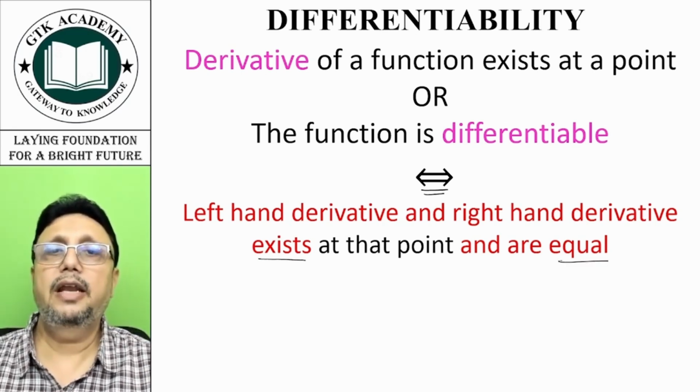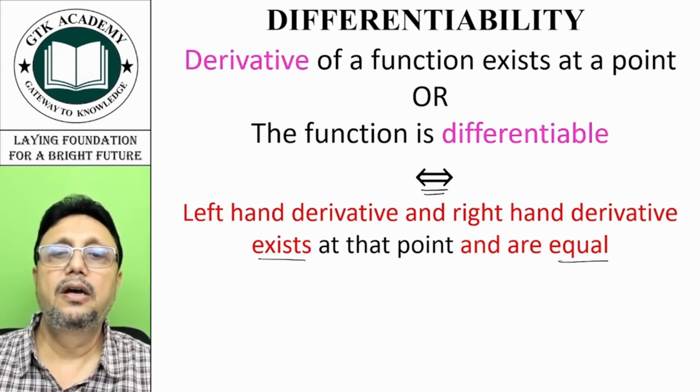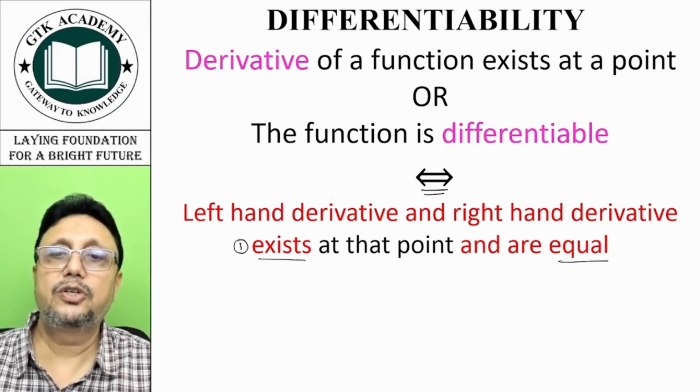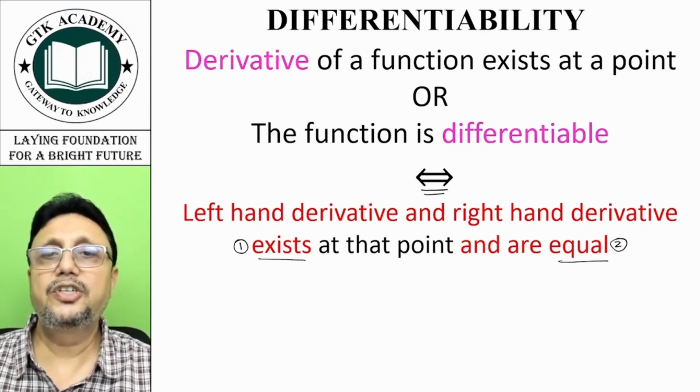That means the derivative for a function at a point exists if the left hand derivative and right hand derivative exist first of all. This is your first condition. They should exist. Then they should be equal. Then only the function is differentiable.